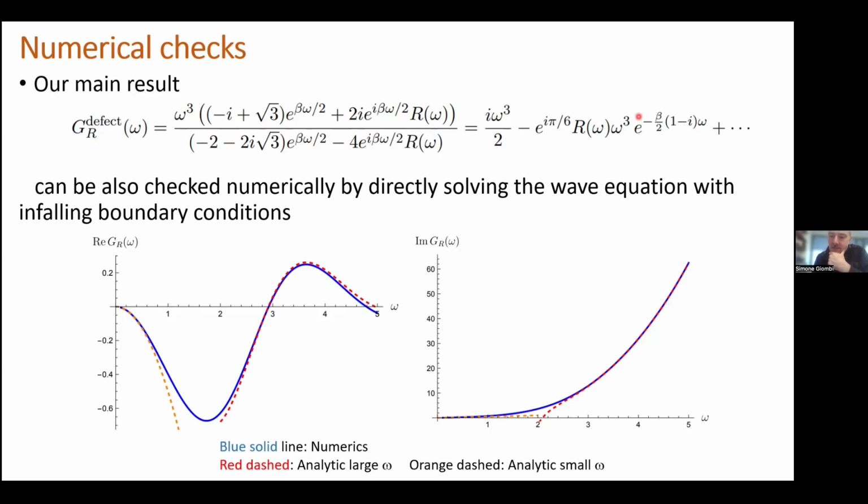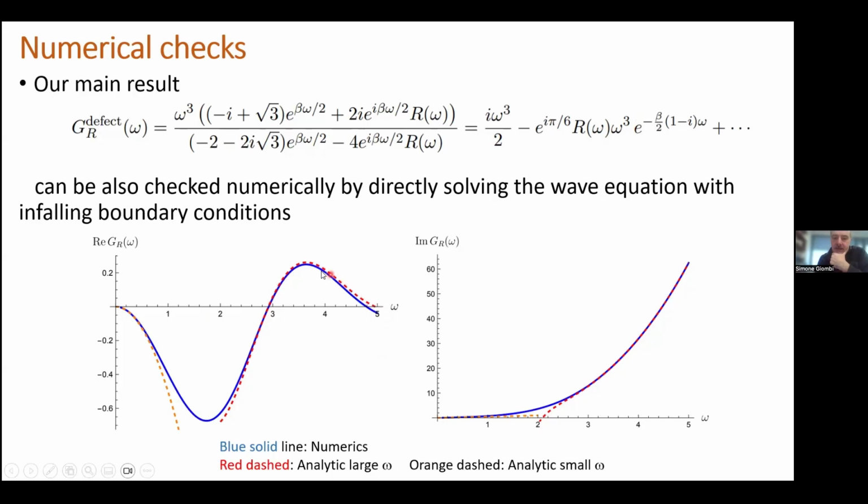And we checked that this is in fact true. You can numerically solve just the wave equation with the usual physical infalling boundary condition, and you can find the retarded correlator. You can plot its real and imaginary parts. So the numerics here is this blue solid line. This is what you get by solving numerically the differential equation.